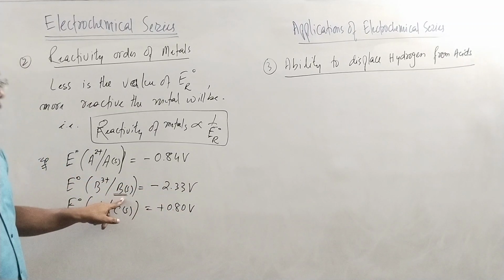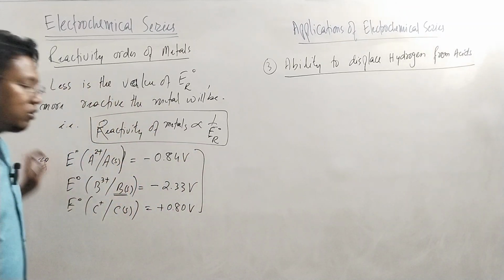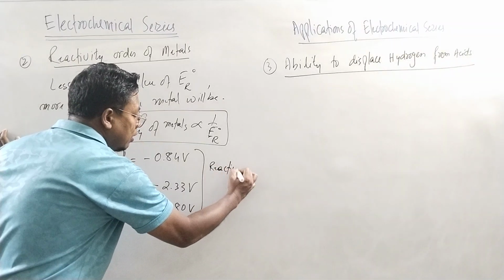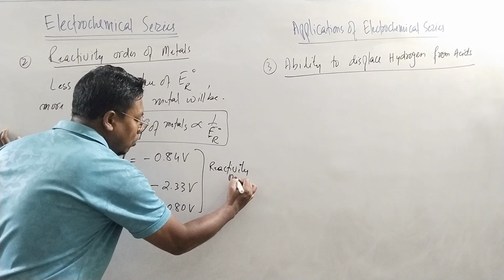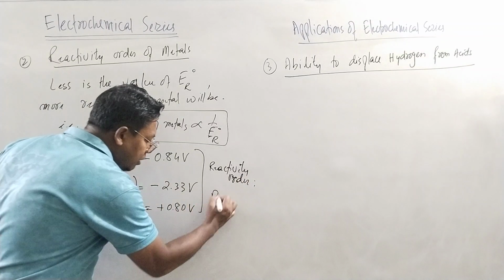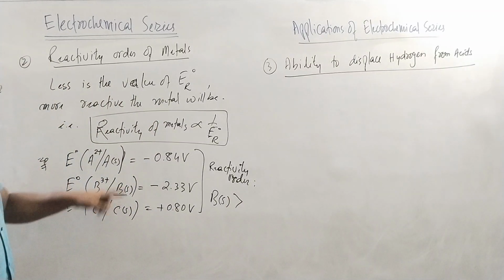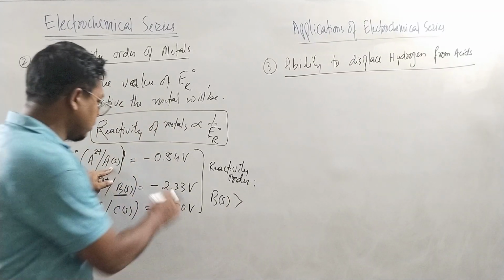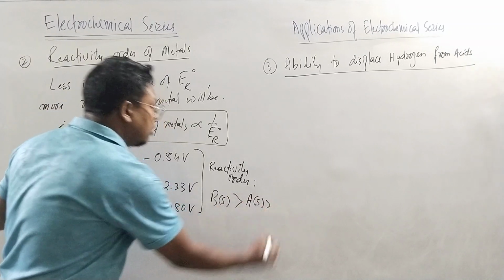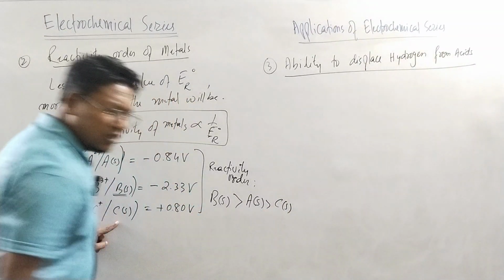So B solid will be our most reactive metal among these three metals. So the reactivity order is B solid most reactive, and then after B, A will come because this is negative. So A, then comes which one? C solid. C solid will be least reactive.